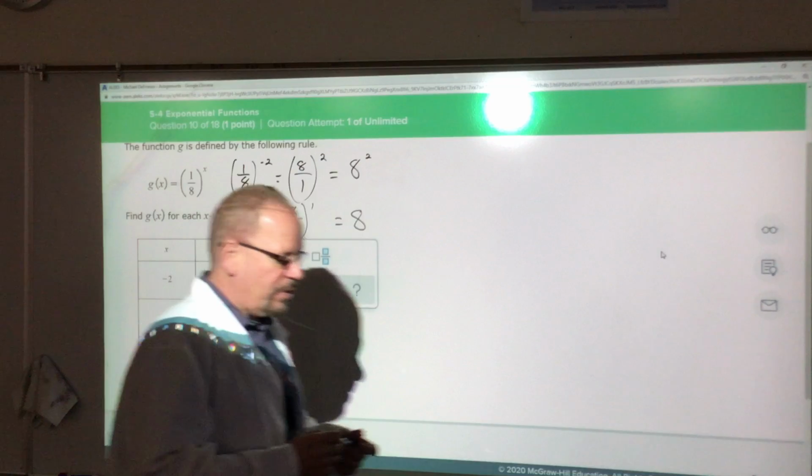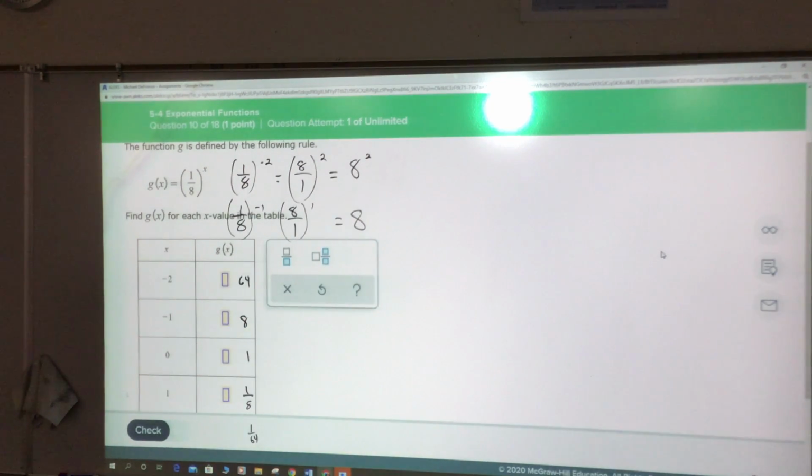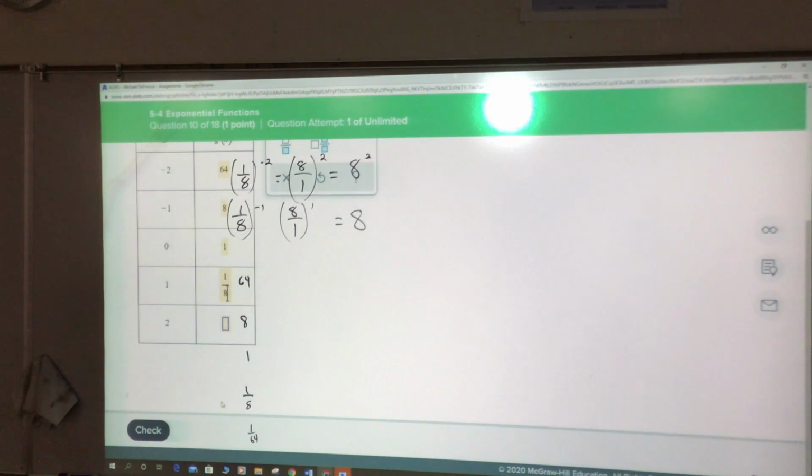Okay, you can use your calculator. You can actually put in the function and generate a table. Is it mode 5.1, something like that. Or you can just go one at a time and test them. So 64, 8, 1, 1/8, 1/64.